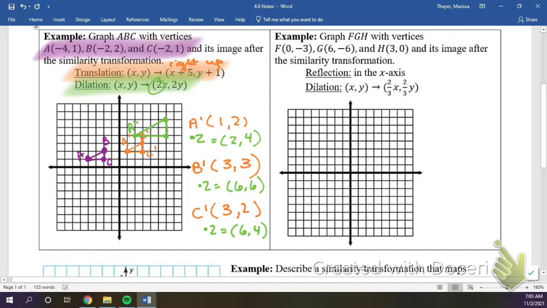So this is my new A, which I label with a double prime, my new B, and my new C. This is an example of a similarity transformation because it includes a dilation.